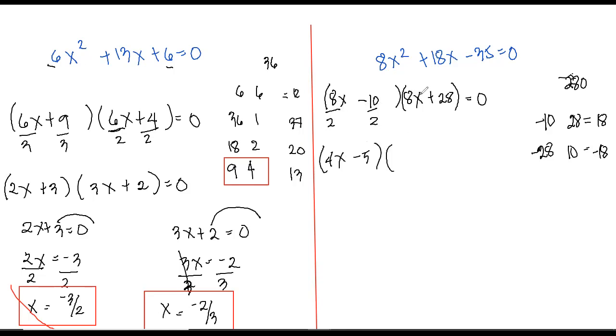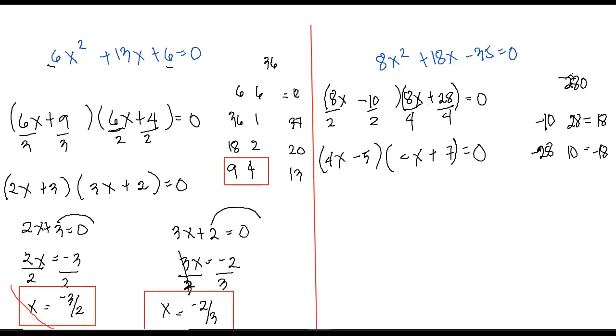Now here, what can we divide these two terms by? We can divide by 4, the greatest common factor, right? Okay, so 8 divided by 4 is 2, not 4.